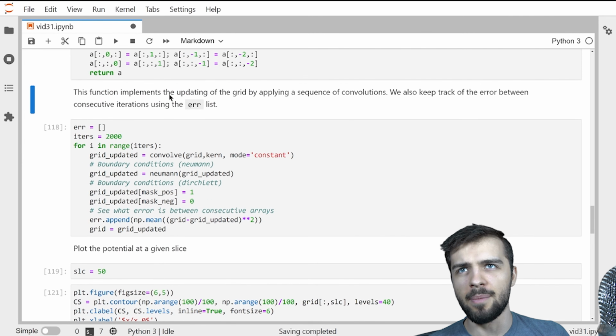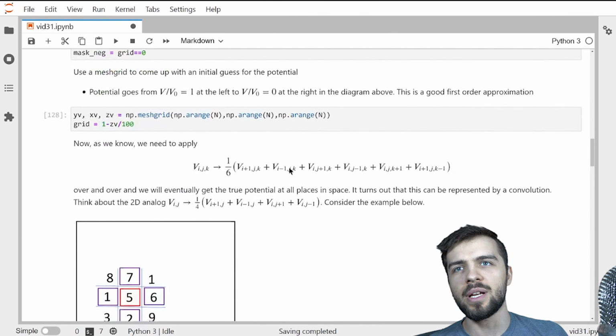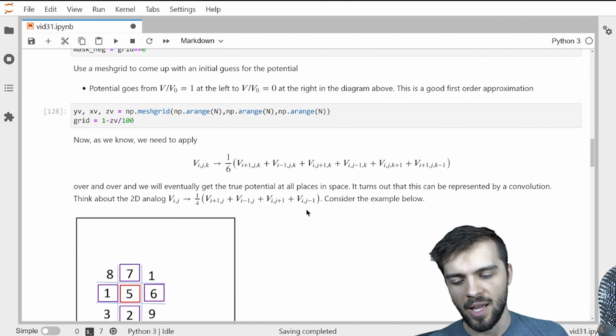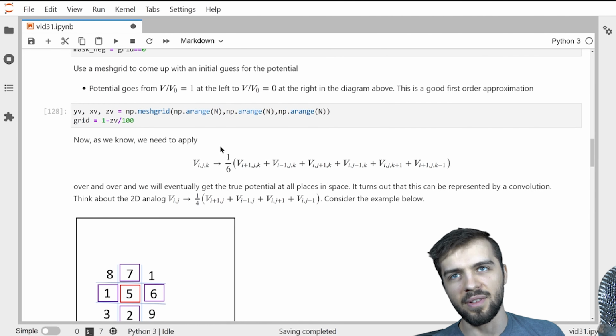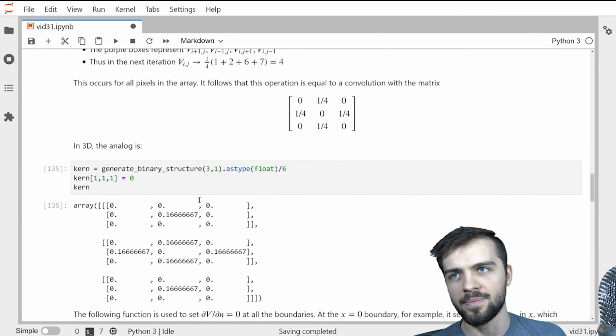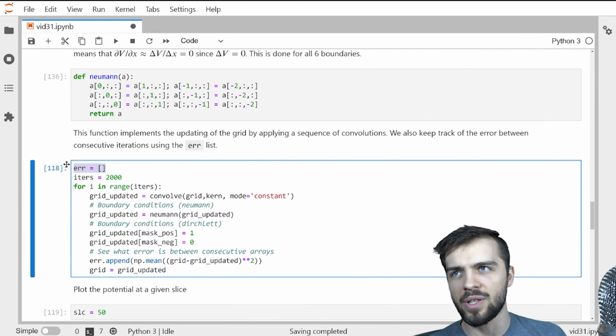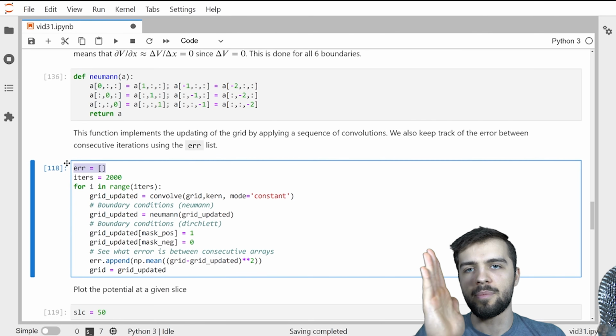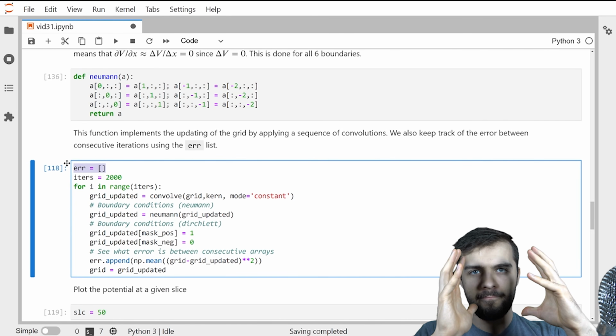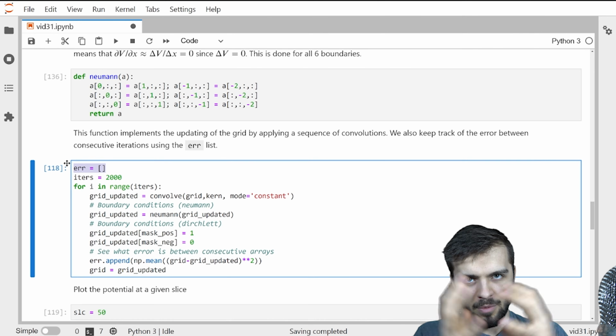This function basically implements the updating of the grid. It's a for loop, and the for loop is how many times I apply this operation. The better initial guess I have, the fewer times I need to apply this operation. I'm going to store the error. The error is, by the way, the error between my first guess and my guess afterwards.